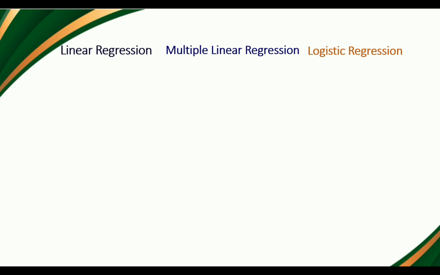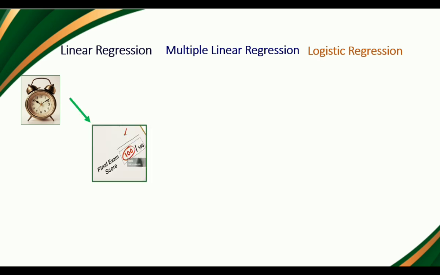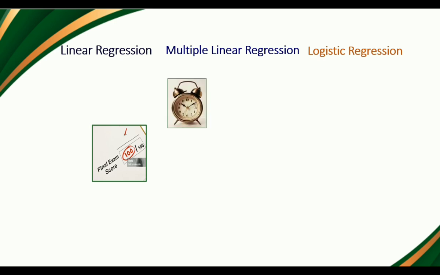Now, simple linear regression models the relationship between one dependent variable and one independent variable. For example, you want to predict the students' scores using the number of hours that they studied. Multiple linear regression extends simple linear regression to include multiple variables.